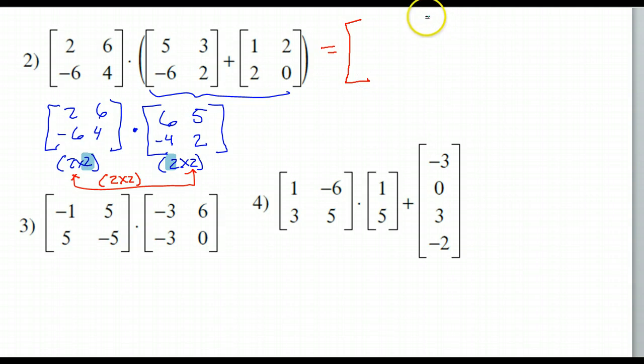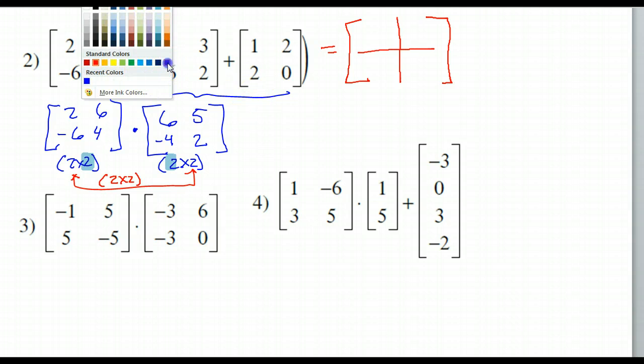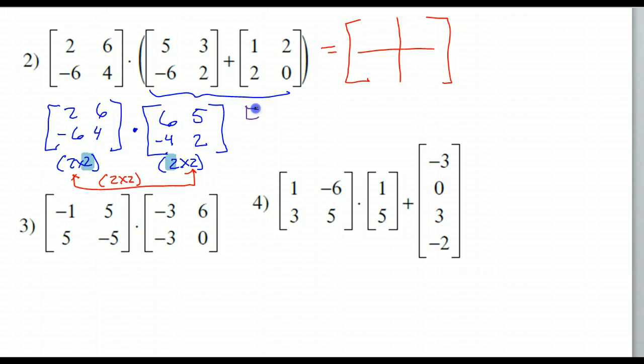So my answer is going to be a 2 by 2 matrix like this. Now, the first element, element 1,1, would be this right here, row 1, column 1.